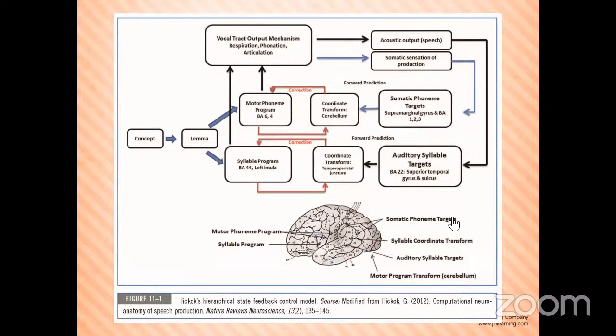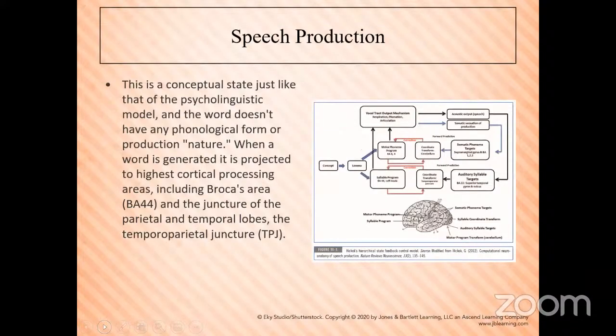The somatic phoneme targets are in the angular gyrus. The syllable coordinate transforms are in Wernicke's area, and the motor program, that is the cerebellum connections, are also there. The auditory targets are mainly in the superior temporal gyrus, angular gyrus, and inferior parietal lobule. All these are posterior heteromodal association areas. A very important diagram which keeps on coming up.